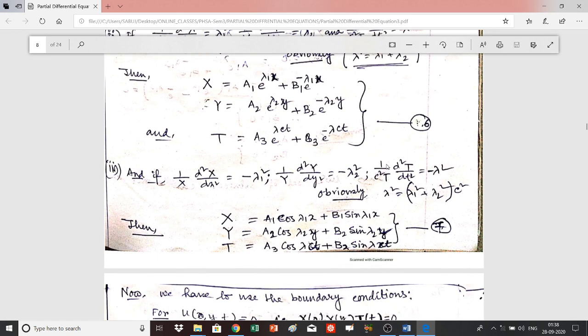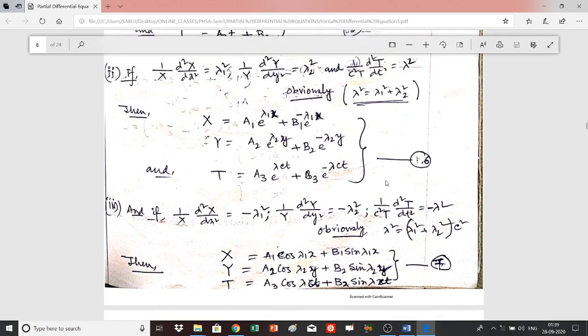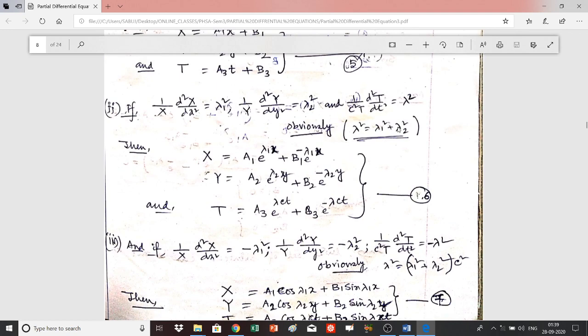It is better to write that (1/T) d²T/dt² is equal to -λ²c². So λ² is also λ1² plus λ2², and it will be c². If you write this λ² as (λ1² plus λ2²) c², then these will satisfy. Here also it should be.